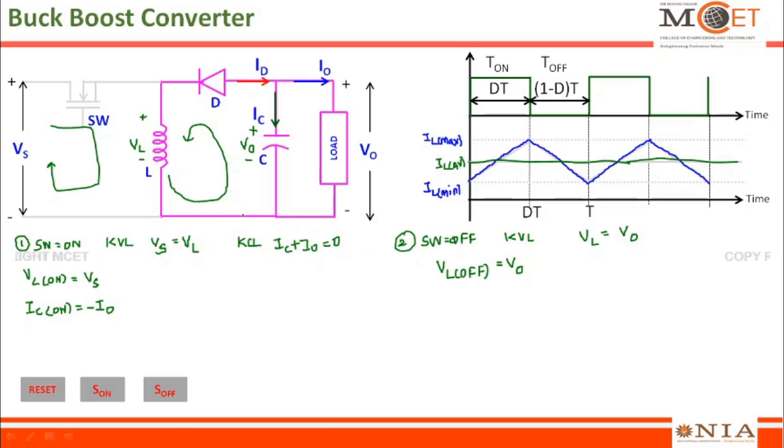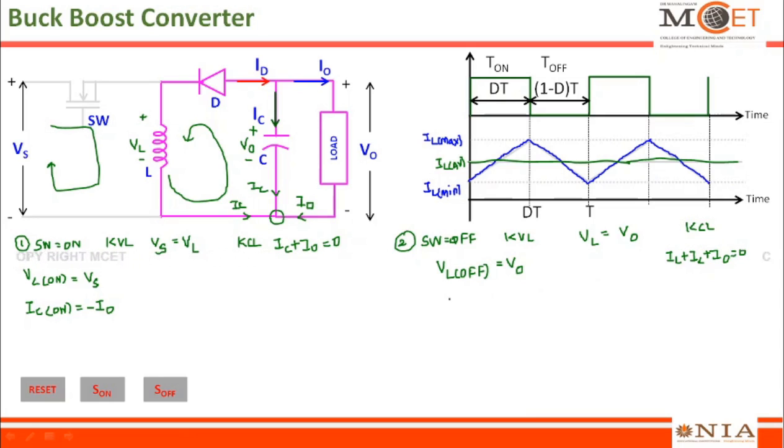Similarly, if I look at the current, as I told already, the current through the inductor is flowing in this direction, this IC will be flowing in this direction, and this I0 will be coming in this direction. If I try to apply KCL at this particular node, I can write IL plus IC plus I0 is equal to 0.